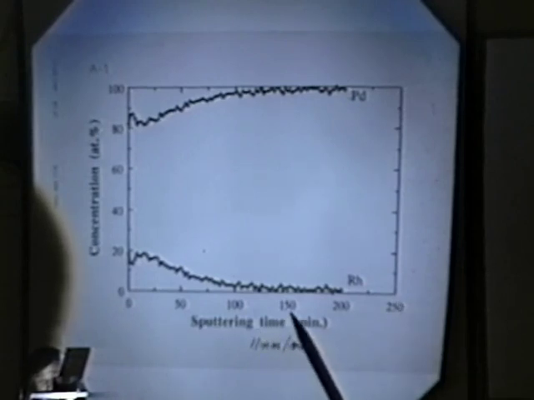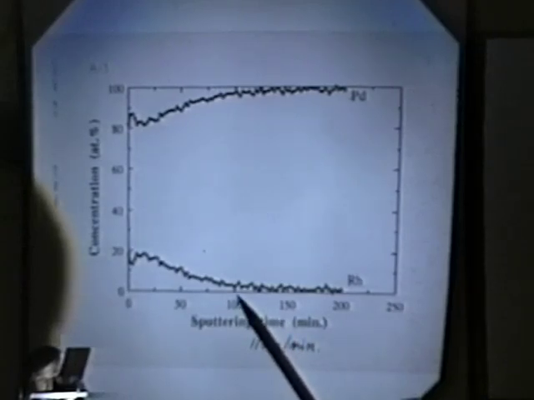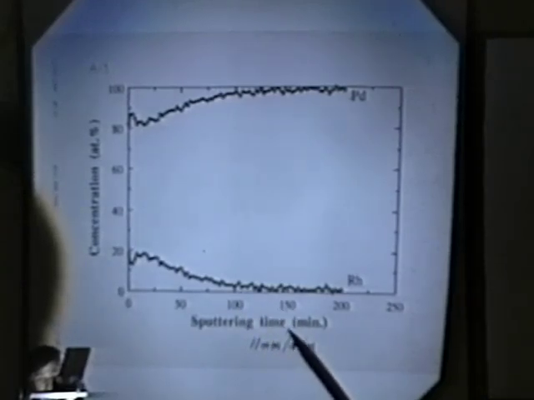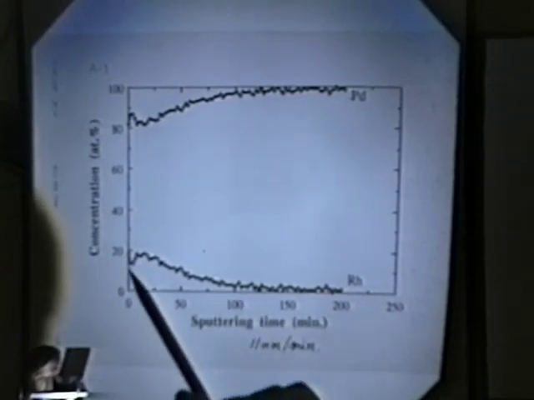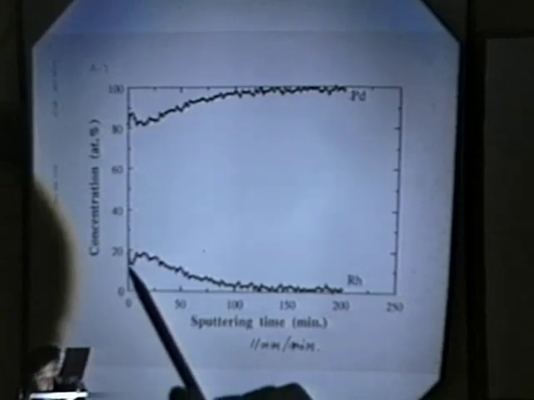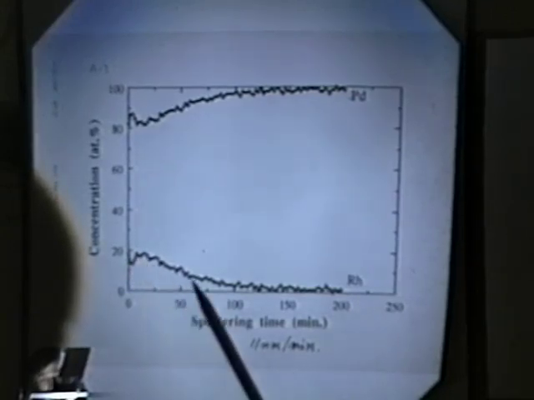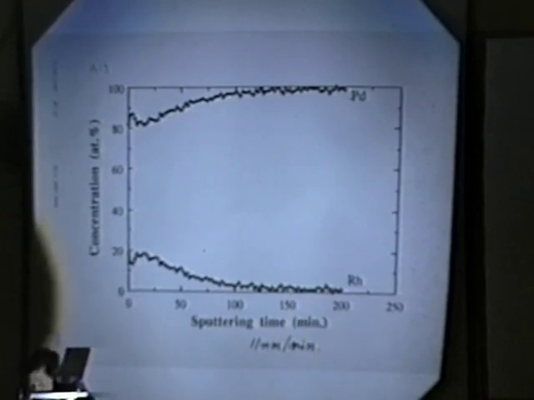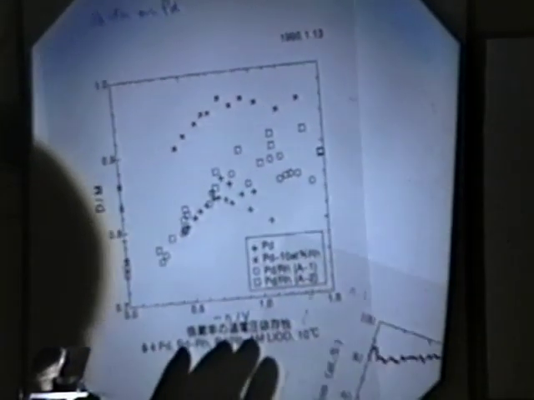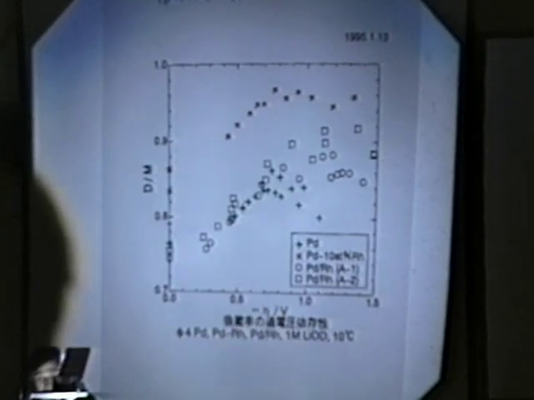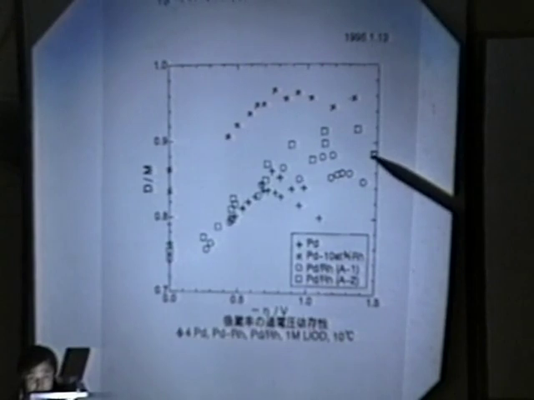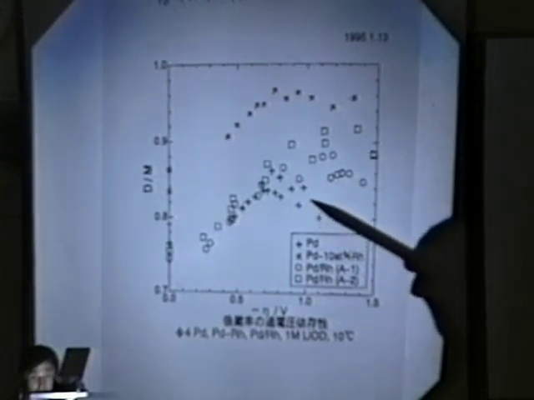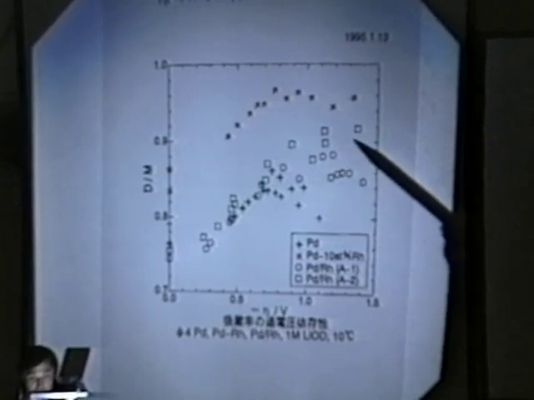This is sputtering time, which is 11 nanometers per minute, so 100 minutes means nearly 1,000 nanometers, which is 0.1 micron. In this range, we have a layer ranging from 20% to 0% of rhodium palladium alloy. And we found that by adding this film of rhodium alloy in the surface region, the performance of palladium is greatly improved.